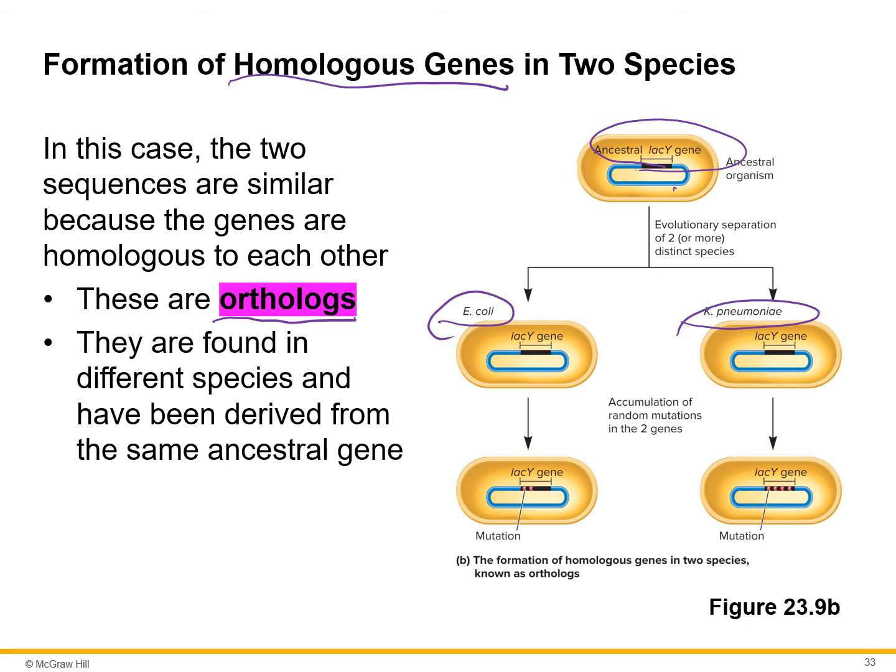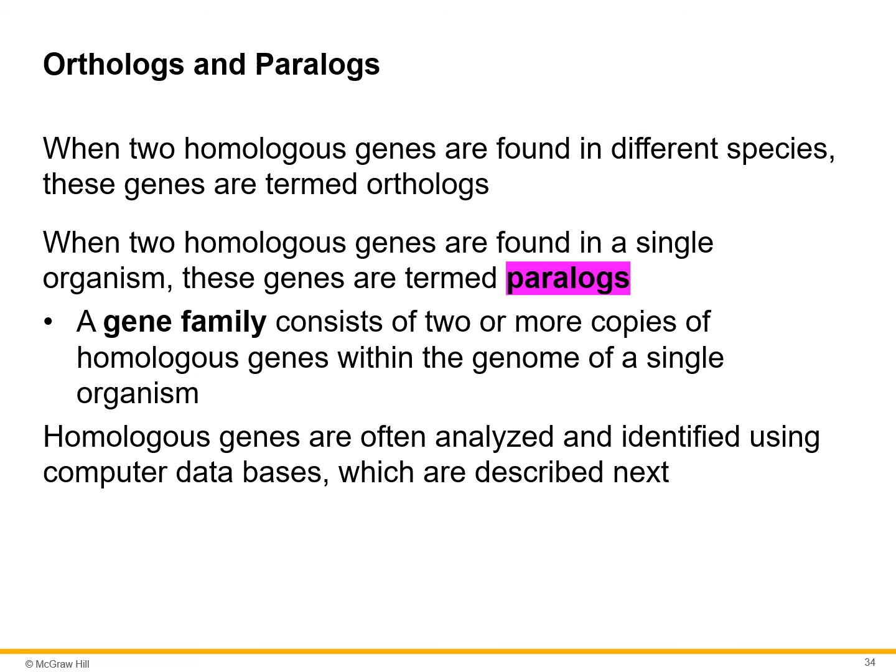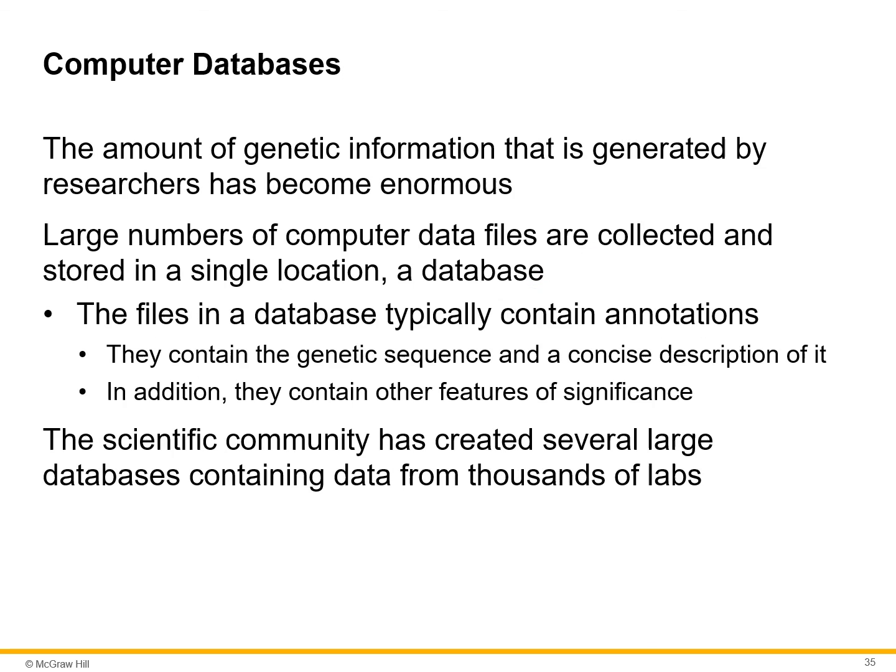The other type of homologous genes you can have are called paralogs. And paralogs are different forms of the same gene, or homologous genes, that are within the same organism. I don't know if I have an example of that here.